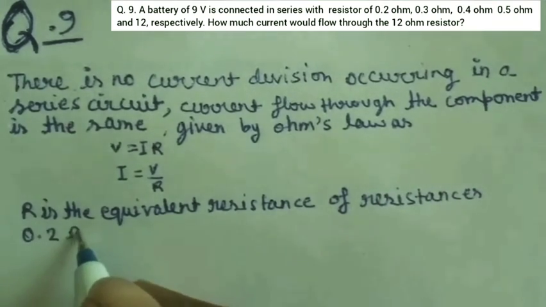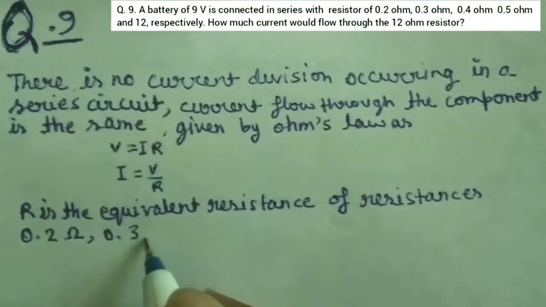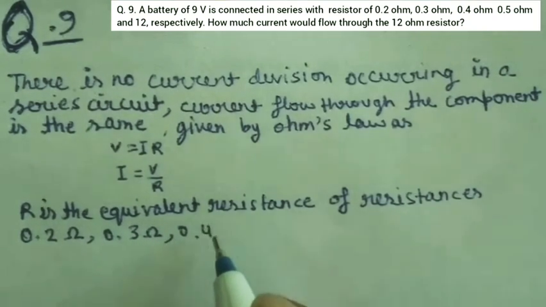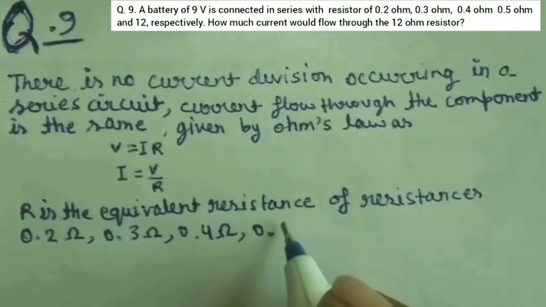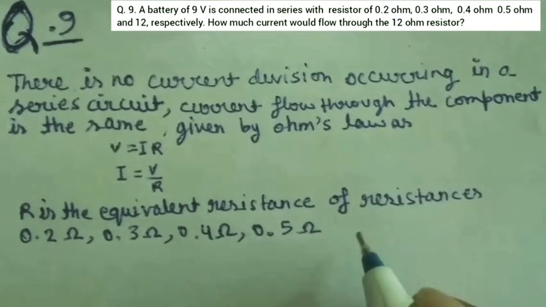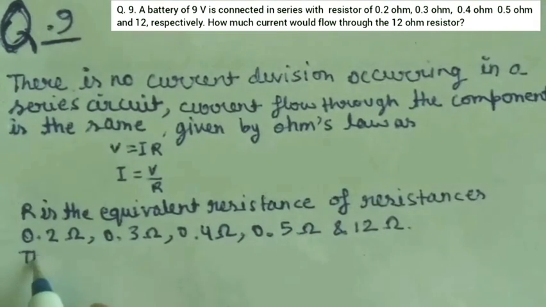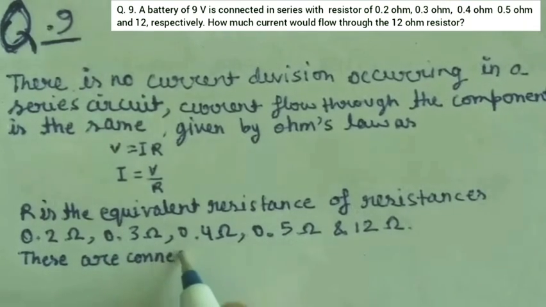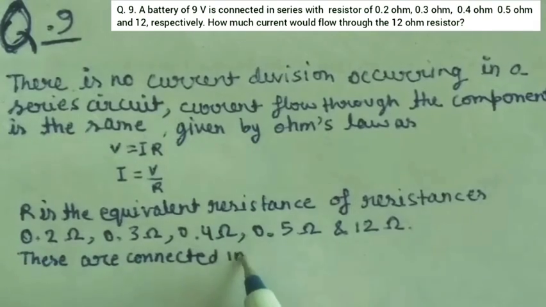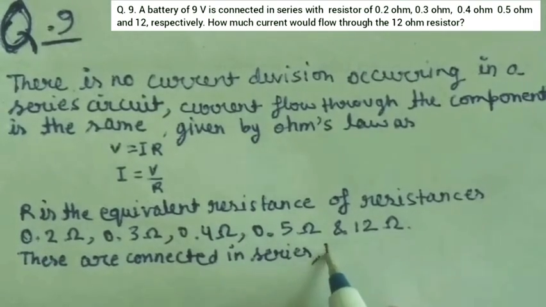0.2 ohm, 0.3 ohm, 0.4 ohm, 0.5 ohm and 12 ohm. These are connected in series.